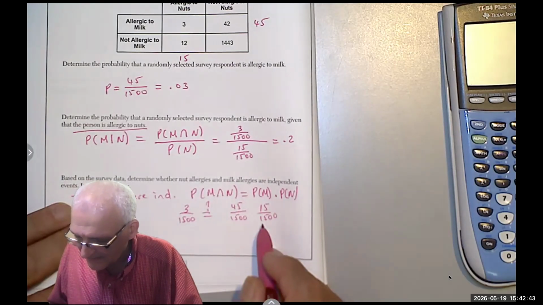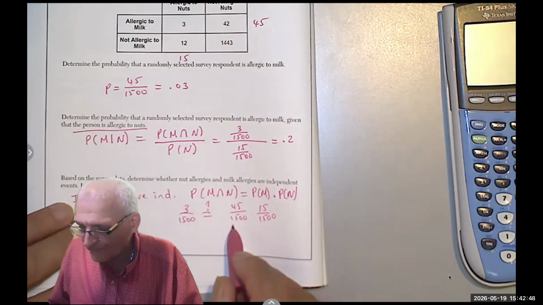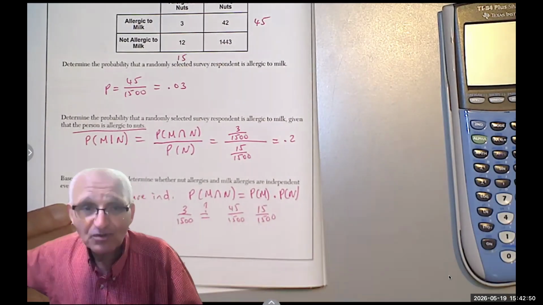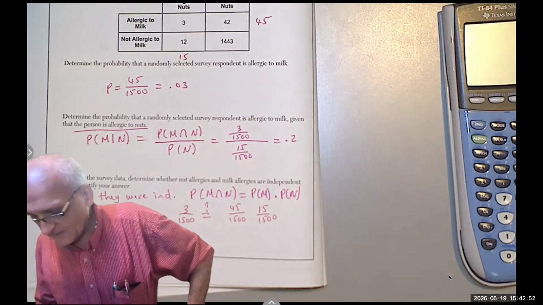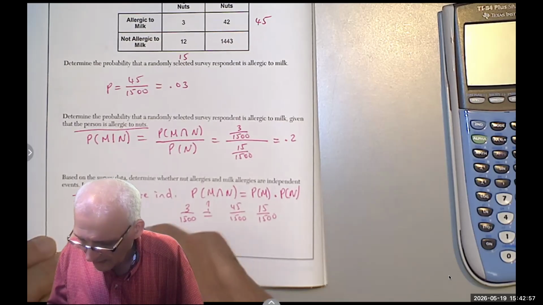That's 1 over 100, right? And that's 45 over 150,000. No, of course not. They are not equal. So no, they aren't.